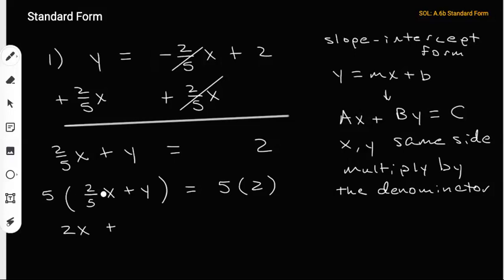Now I'm multiplying 5 by the y, and I'm going to get 5y. Over here on the right side, I have 5 times 2, and that's going to give me 10. So now I have my standard form, ax plus by equals c.